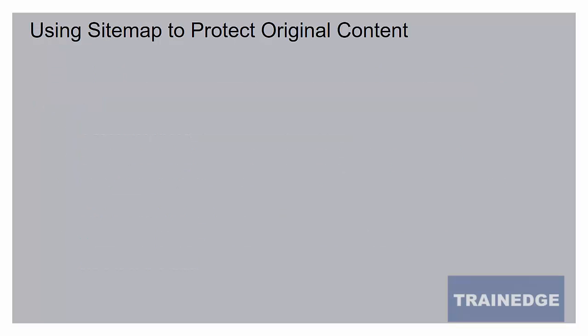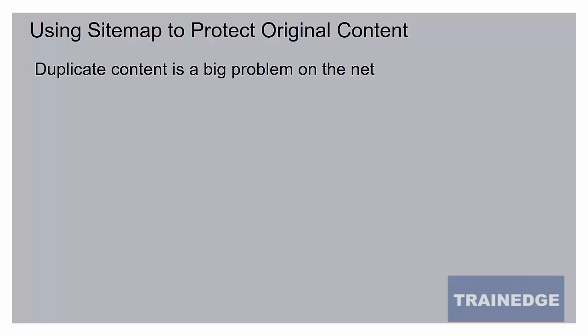There's also another role for a sitemap, which is in protecting your original content, whatever content you create yourself, because duplicate content is a big problem on the net. As soon as you publish something, if it's good, somebody might copy it.